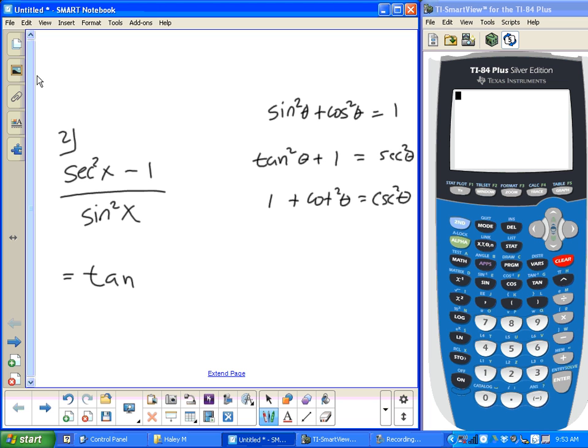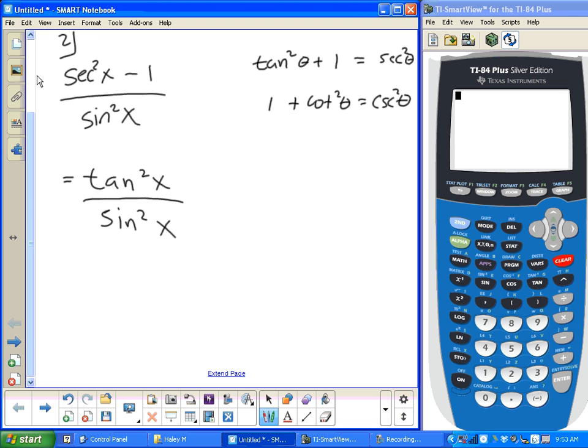Tell me if I need to explain that. Now, what about from there? Just change everything to sine and cosine. So tangent squared we can write as sine squared over cosine squared, all over sine squared.